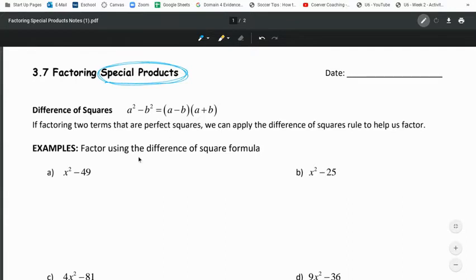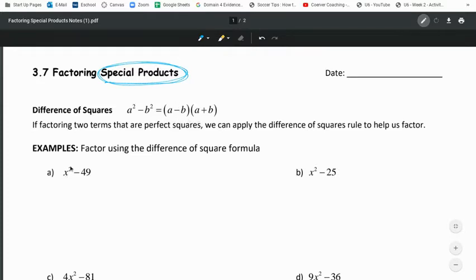The first special product we have is called the difference of squares. This is fairly simple when you understand it, but until you understand it, it's difficult to get a hold of. Basically, difference of squares says if I have two terms and I'm subtracting both of them, and those two terms are perfect squares, then we can factor it to be this.